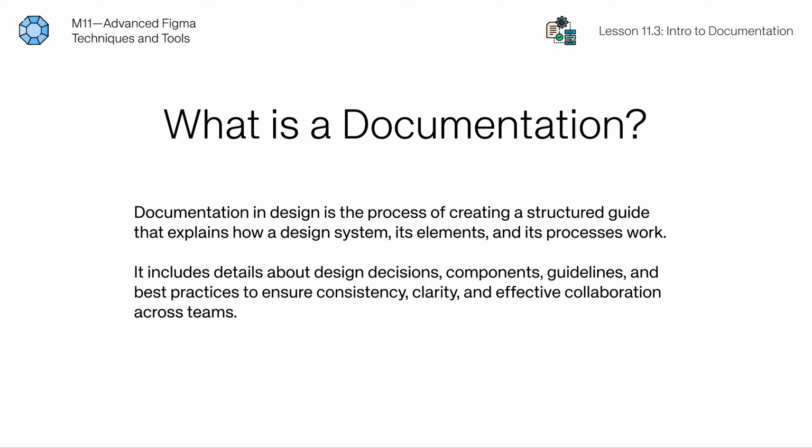It includes details about design decisions, components, guidelines, and the best practices to ensure consistency, clarity, and effective collaboration across teams. Documentation can be a broad topic, right? But in this lesson, we'll specifically focus on component documentation. So basically how to document the technical aspects of individual components to make them clear, usable, and accessible for everyone.